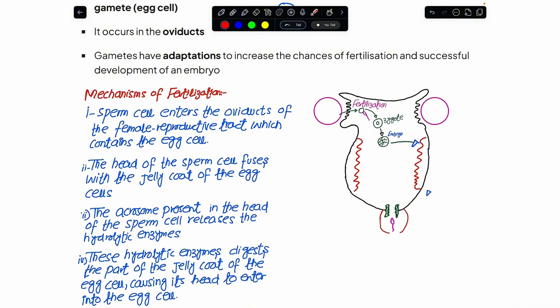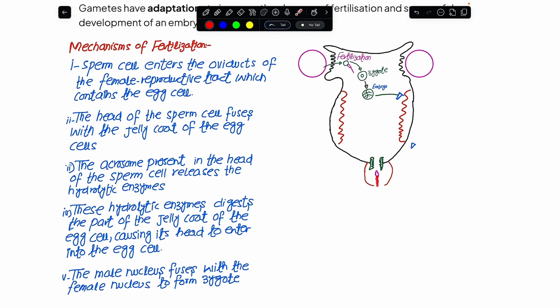That semen has sperm cells in it. Since the sperm cell has a tail, it slides past the cervix, crosses through the uterus, and ultimately approaches the egg cell lying within the oviducts. This egg cell is released from the ovaries, which are the female gonads.